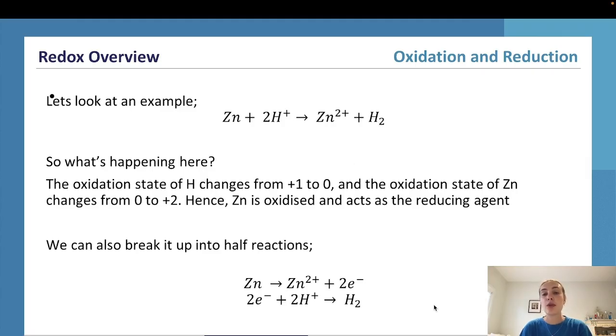And so to look at this more clearly, we can also break it up into half reactions.